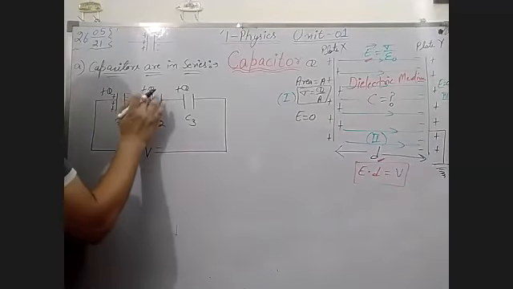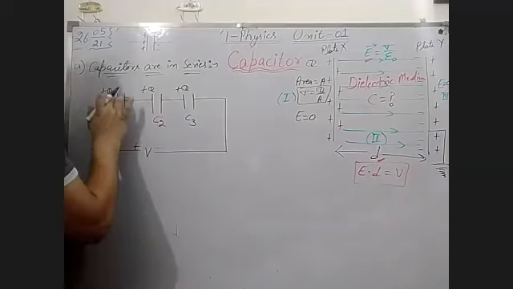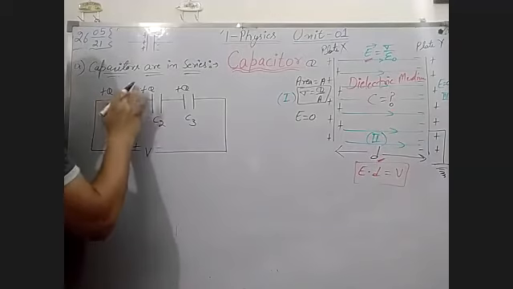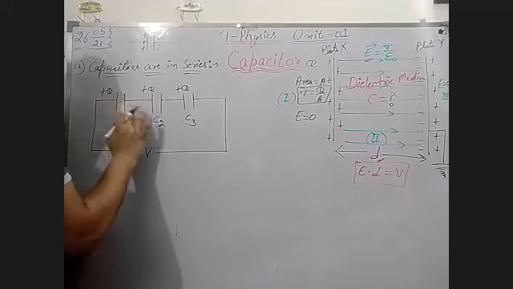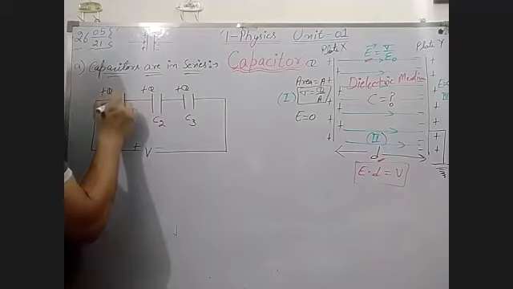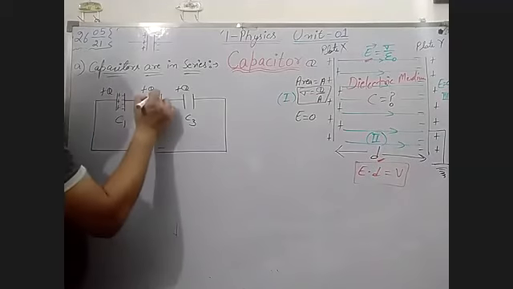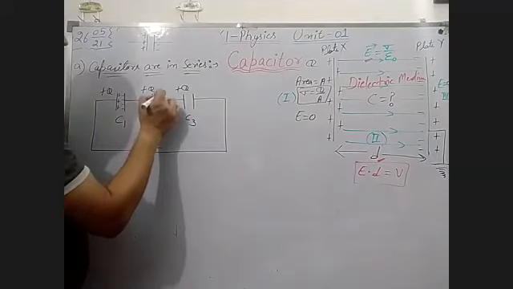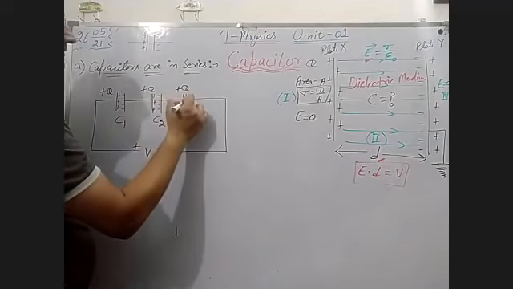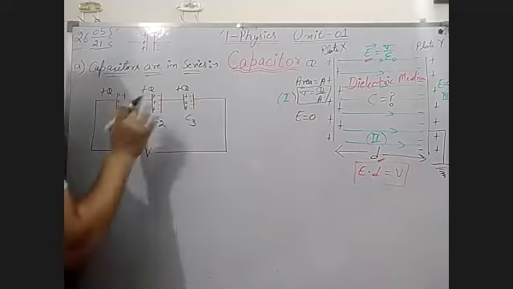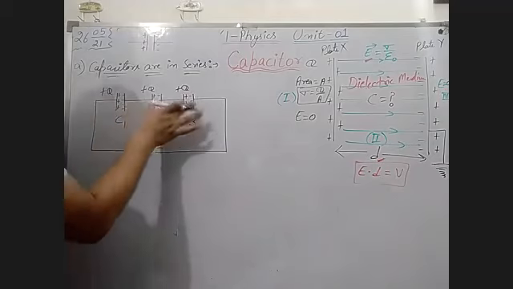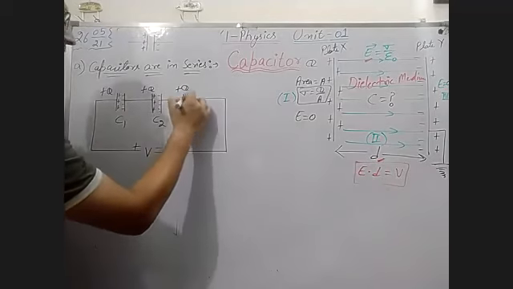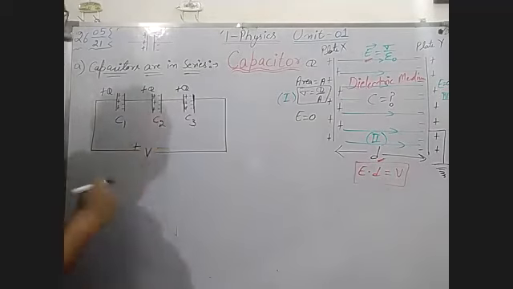Inside you can also write C. If you do not want to take this positive and negative outside the capacitor, you can write in between these like this if you want. This is a good one, and logical also.